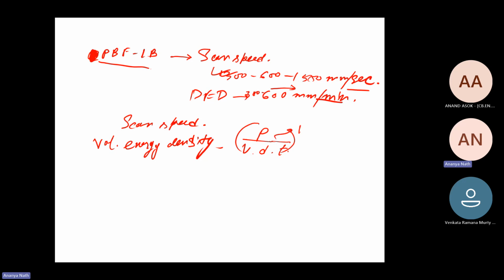Now this is my power. This is my spot size. This is my scan speed. This is my layer thickness.